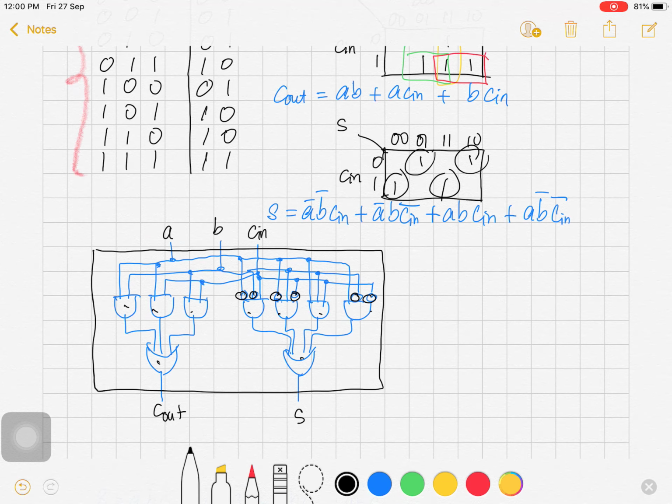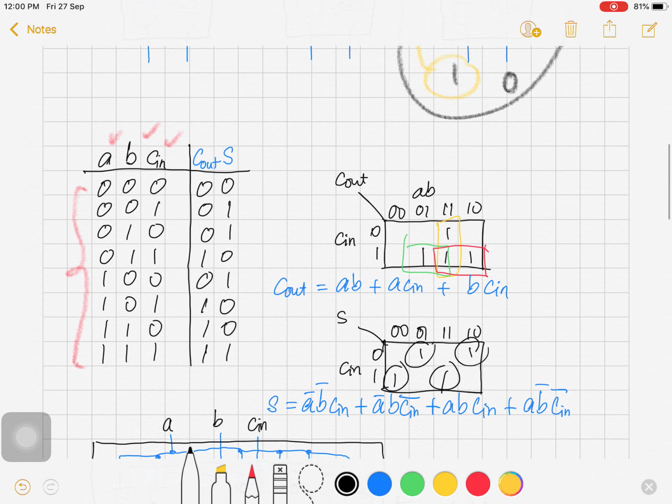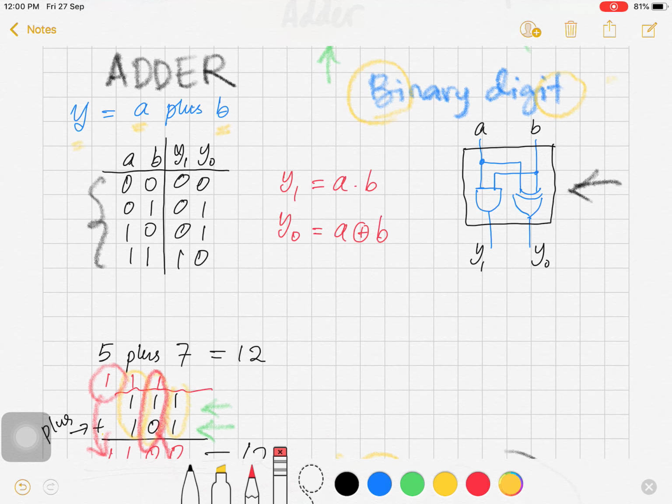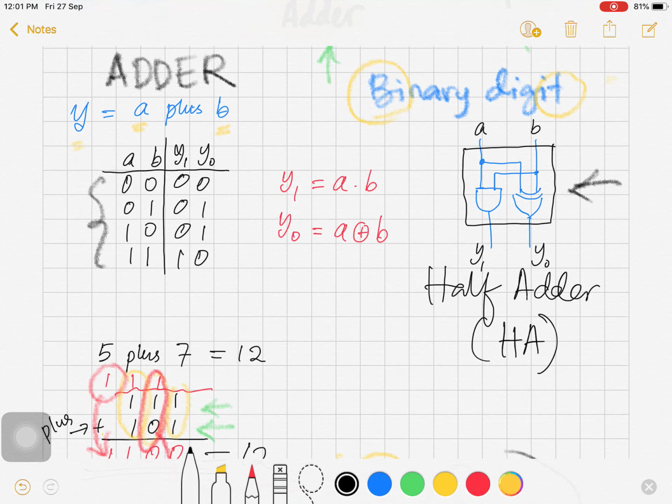Okay, this adder is in fact known as the full adder, often symbolized with FA, and the previous adder, this one, is known as the half adder. This is known as the half adder, symbolized by HA.